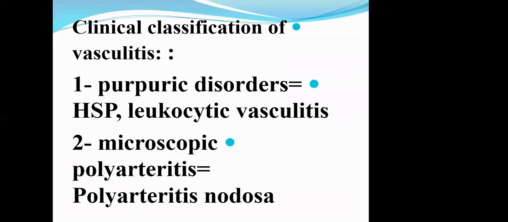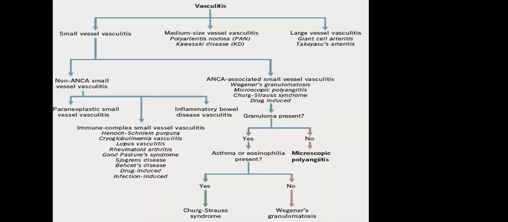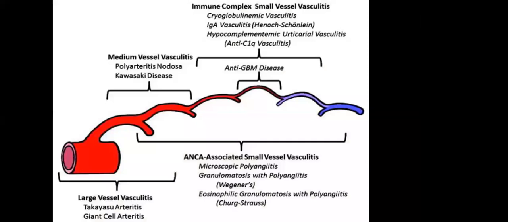These are pictures or diagrams. Notice that we have small vessel vasculitis, medium vessel vasculitis, and large vessel vasculitis, and each one has a definition and types of vasculitis. And here you notice the large vessel vasculitis.